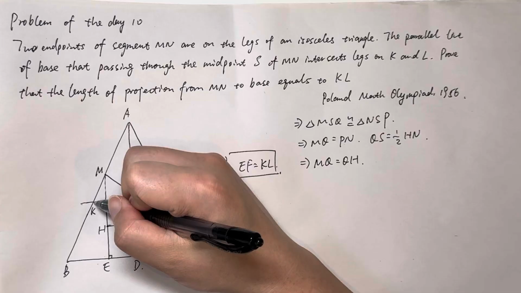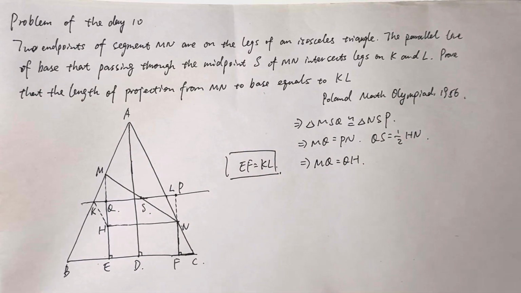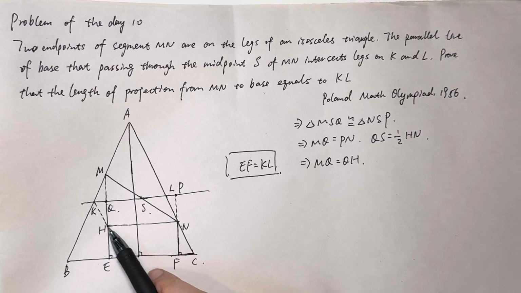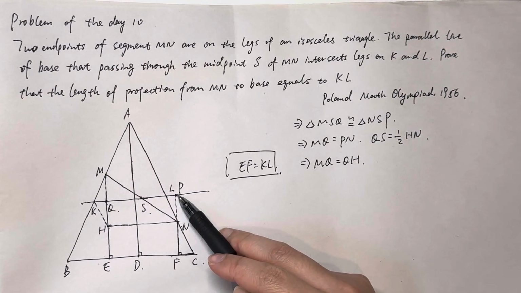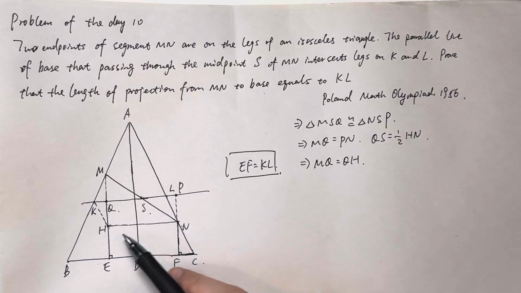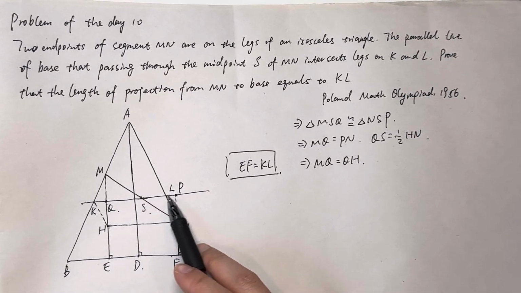Okay, now we connect K and H. Because QH equals MQ equals PN, and they are all perpendicular to QP.